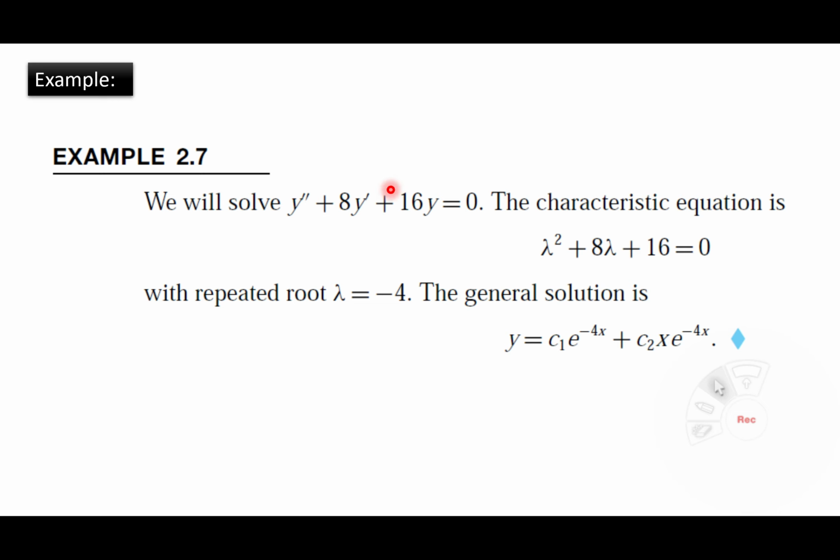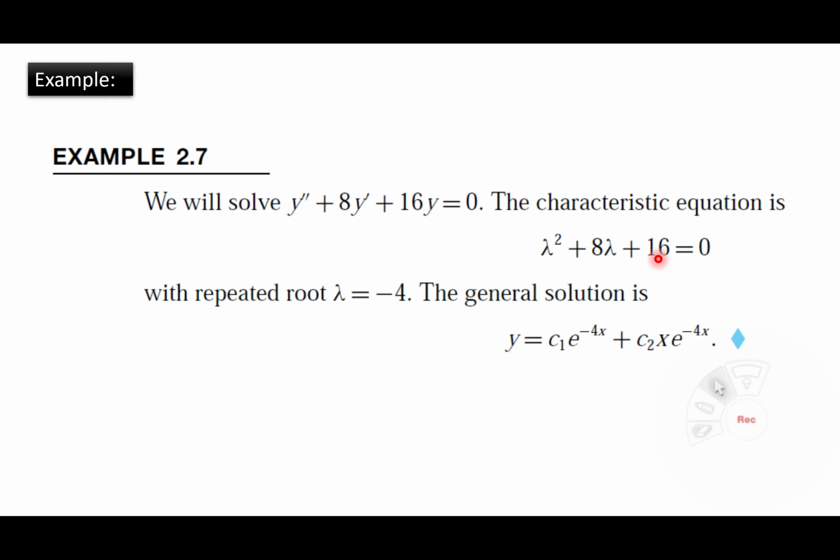So without doing anything, I'm going to write the characteristic equation as lambda squared plus a times lambda, which is 8, plus b, which is 16. So we have this on the left-hand side, and on the right-hand side we have 0.